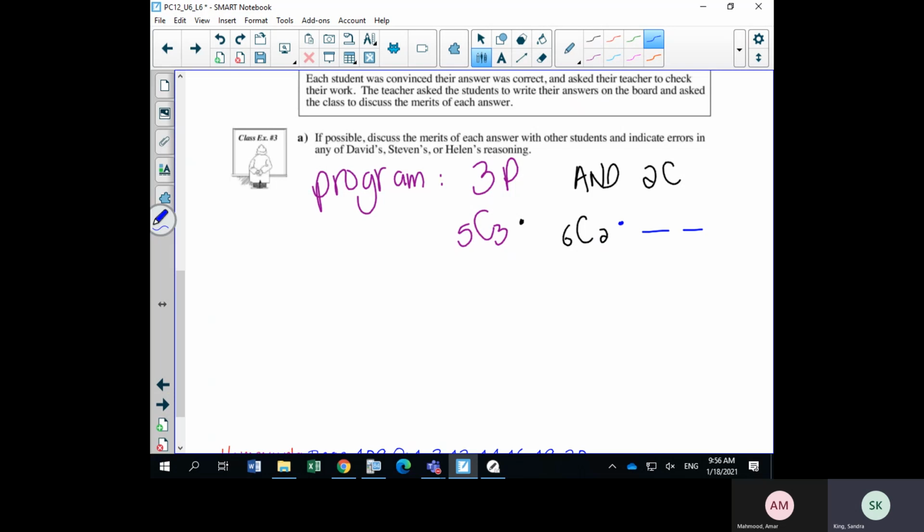So we've got 5 songs to choose from, and it matters what song we're going to play first, second, third, fourth, and fifth. We've got 5 songs to choose from to go here. Once we have our selection, then we've got 4 here, 3, 2, and 1.